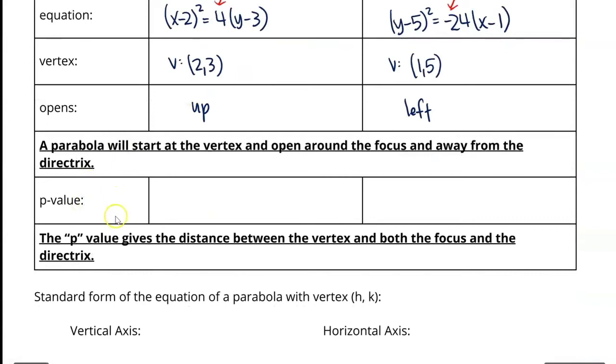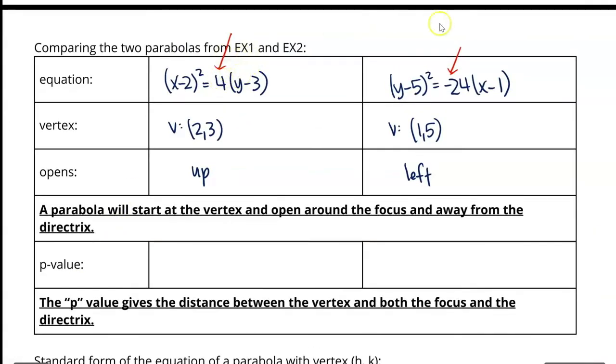Now, let's talk about this p-value. The piece that's in front of the piece on the right-hand side, the piece that doesn't have the squared, is in both of these cases 4 times something, and we're going to call it a p-value. I don't know where the p-value comes from, but in this case that would give us a p-value of 1, and in the second one, the p-value would be -6.